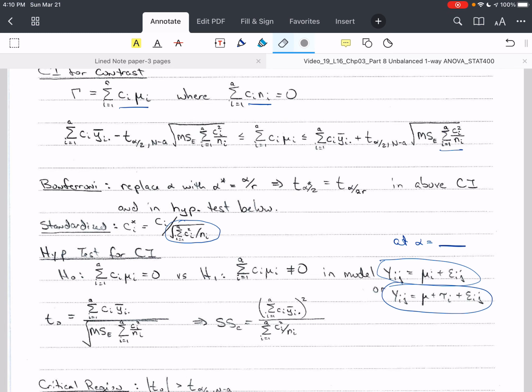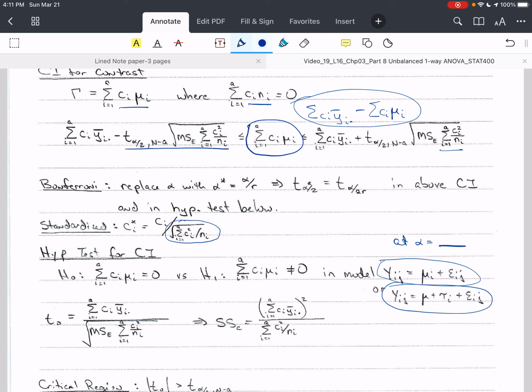So the confidence interval, if we look at this, we have in the center our contrast. If we just look at this first term here, and we were to isolate, let's see, so we're saying that this is 0, so what we could do is rearrange this so that we had the sum of c sub i y sub i dot bar minus the sum of c sub i mu sub i in the center.